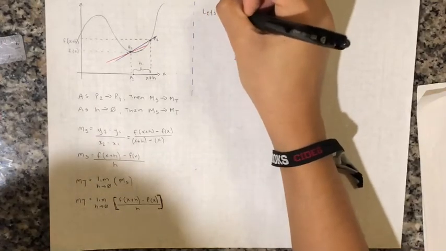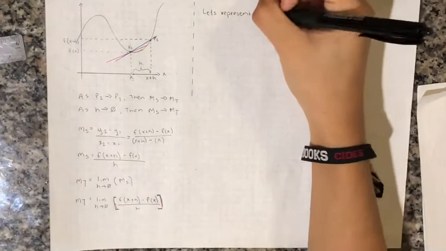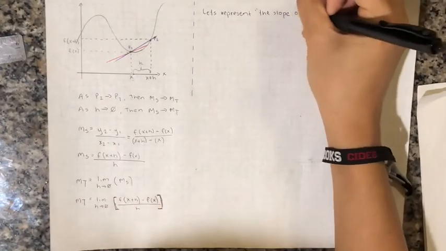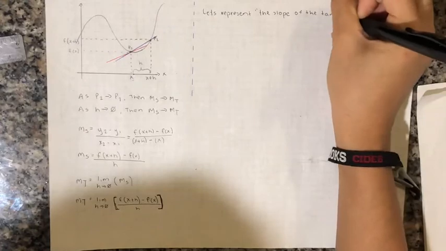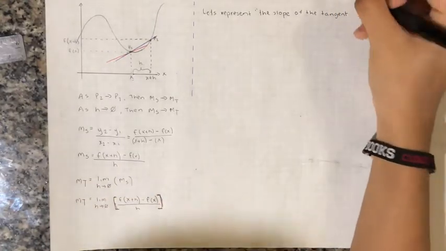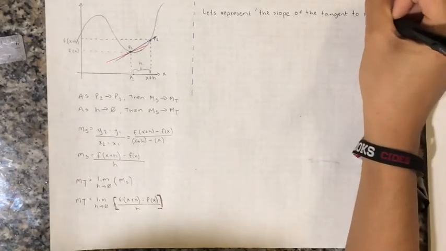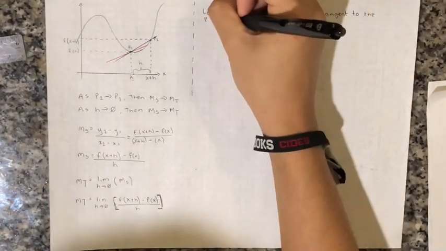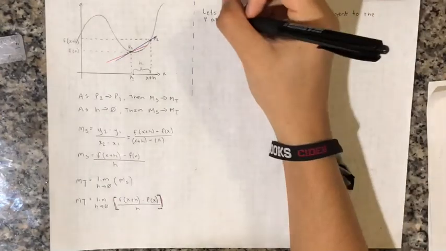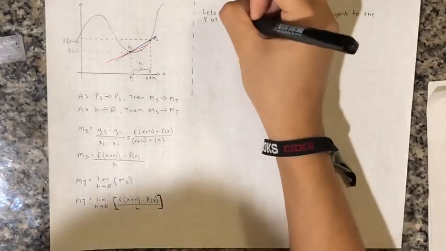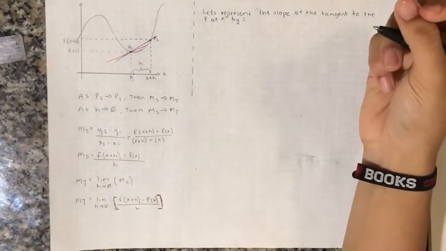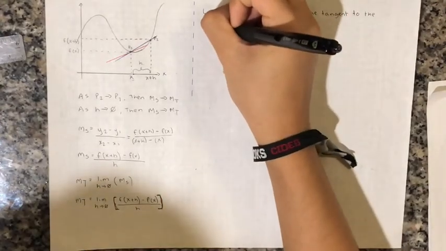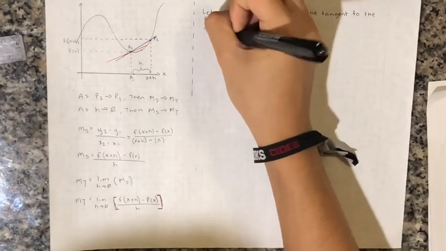Let's represent the slope of the tangent to the function at a point x by the following term: f prime of x.